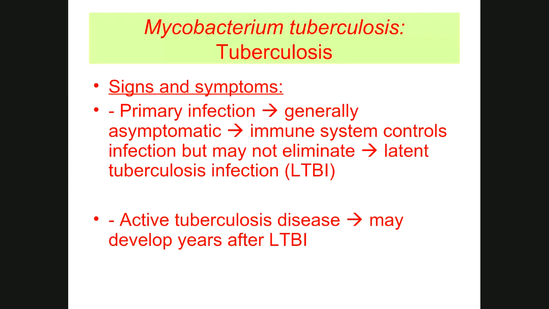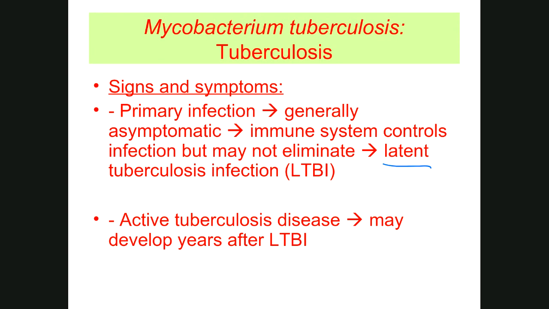Signs and symptoms. Okay, so the first infection is generally asymptomatic, especially if the patient is healthy. The immune system should control the infection and may or may not eliminate it. If it eliminates it, great, the infection is gone. If it doesn't eliminate it, the infection becomes latent tuberculosis infection.